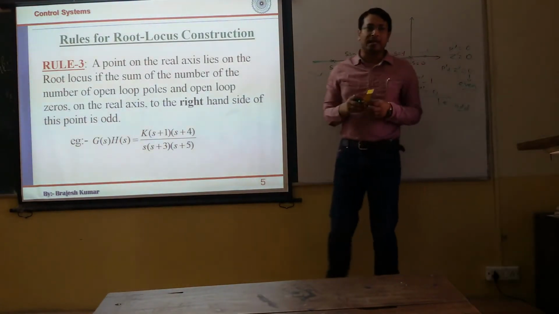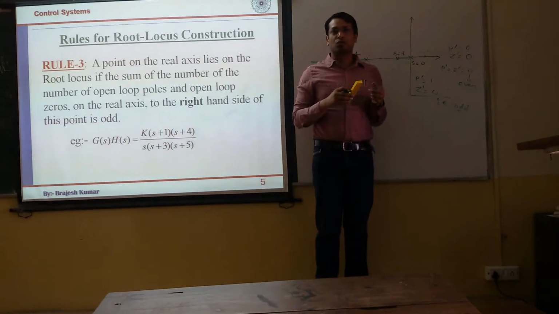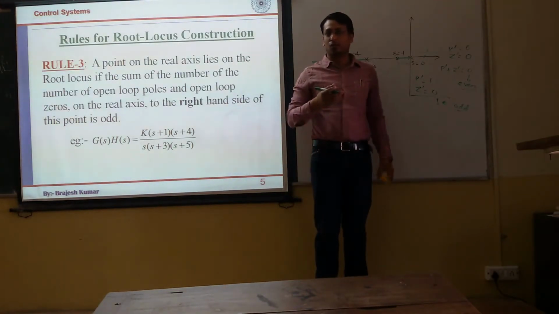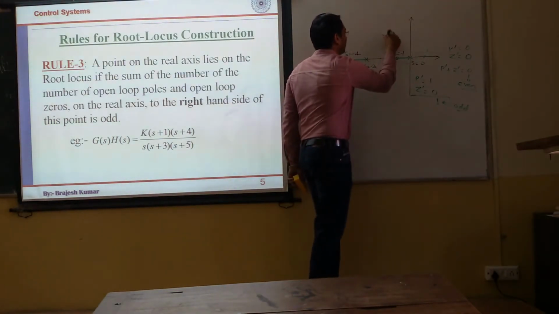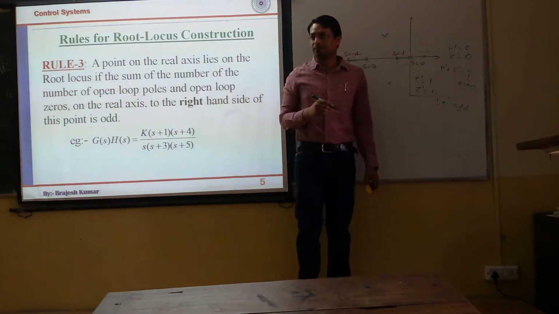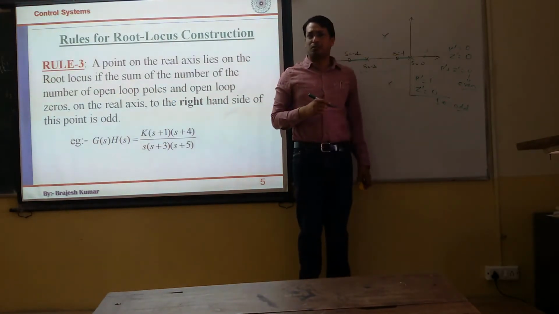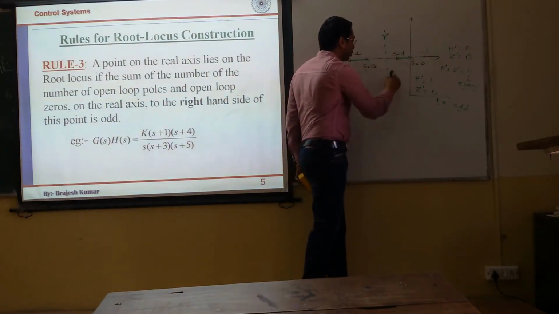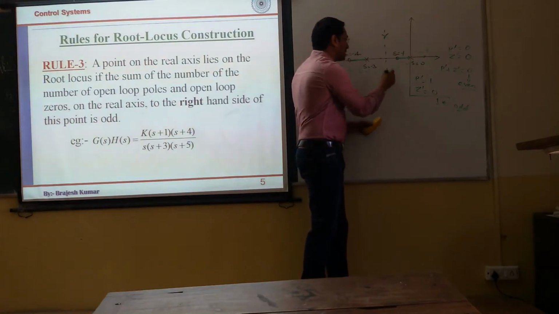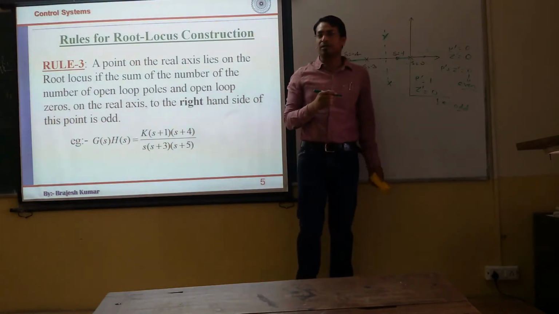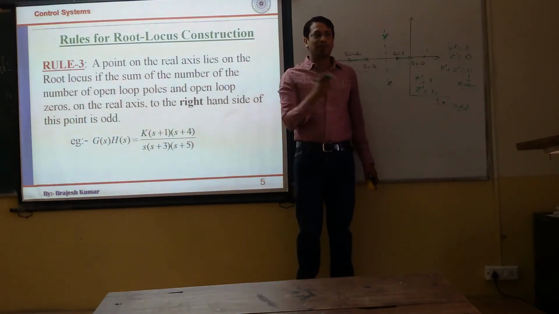Will the occurrence of a complex root change this or not? Suppose we are having a complex root. We will not pay any attention to this complex root, because whenever we cross the real part of this complex root, the count will always be even, because complex roots always occur in pairs. So even plus even will be even, odd plus even will be odd.